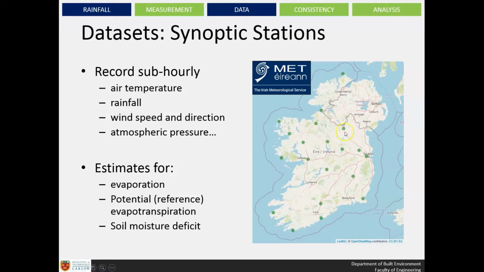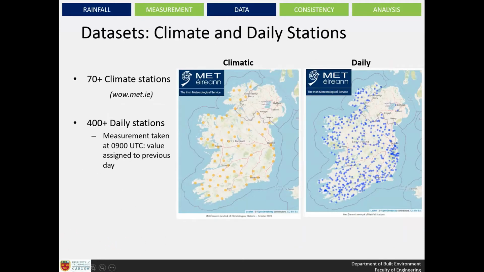There are about 25 of those available across the country, 5 manual and 20 automatic. They provide real-time data. If you're trying to access it yourself, there's normally a lag for download of about a month, I think, for quality purposes.